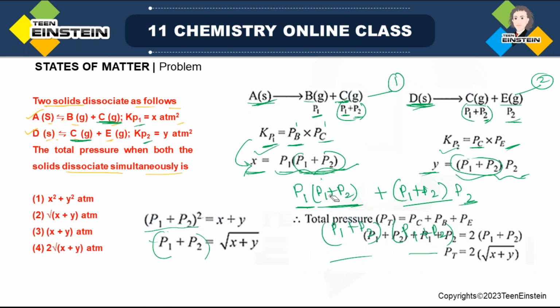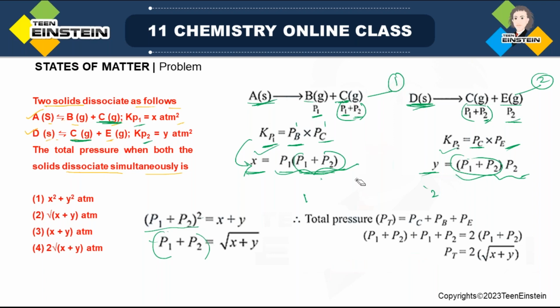Now you have to calculate the total pressure, PT. When you are talking about total pressure, you have a total of 3 species: B, C, which is common, and E. Now the total pressure of C is P1 plus P2.